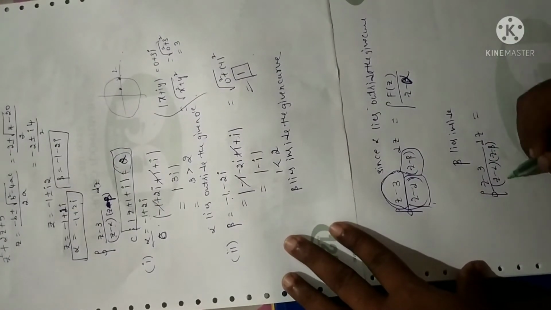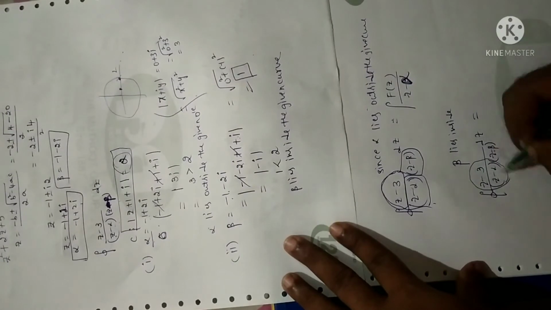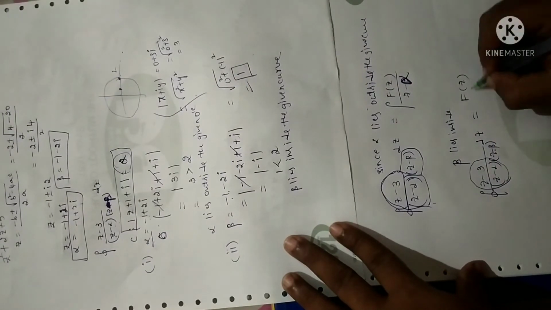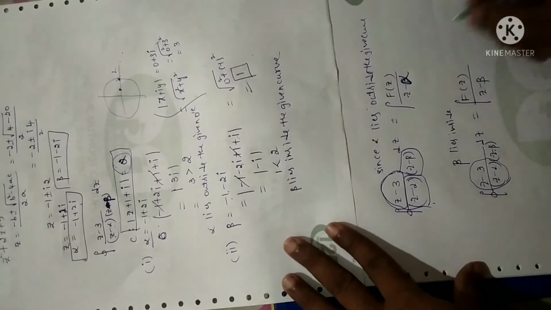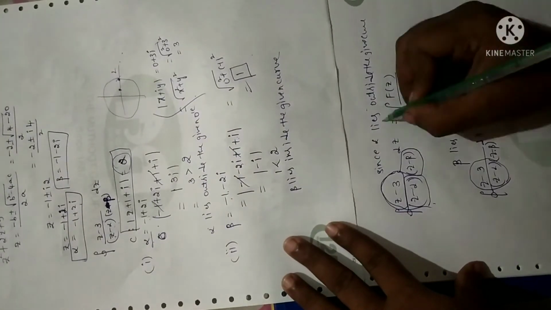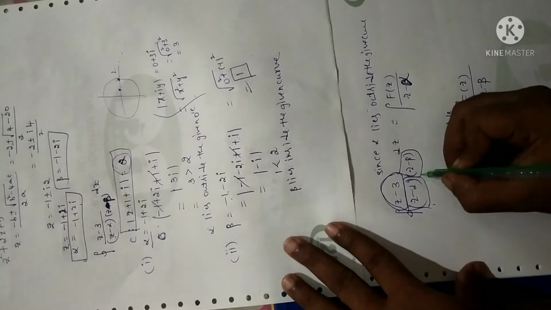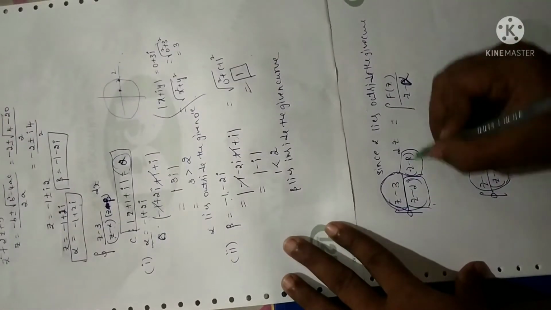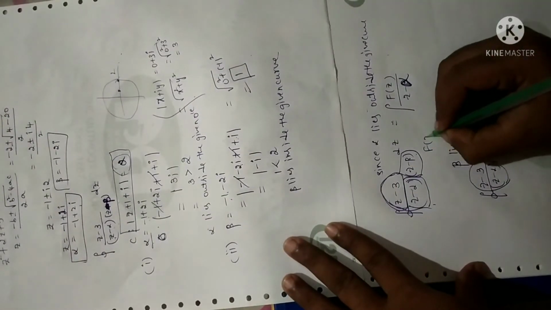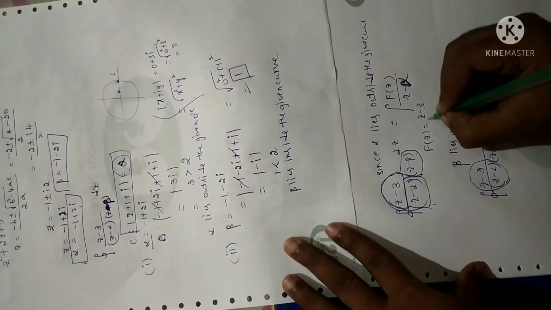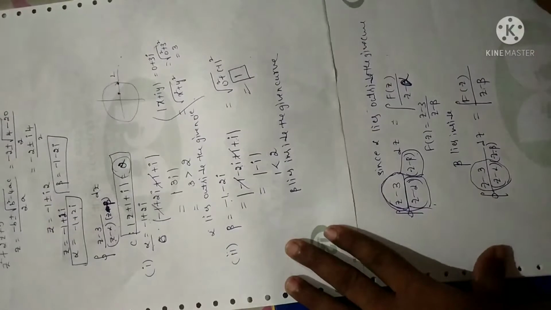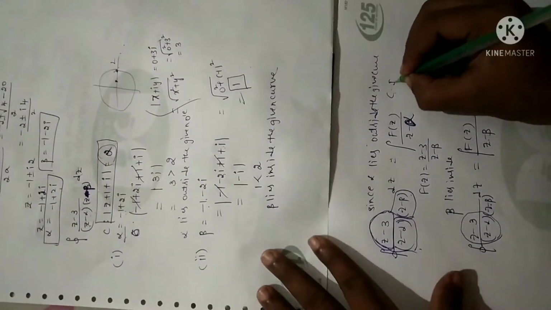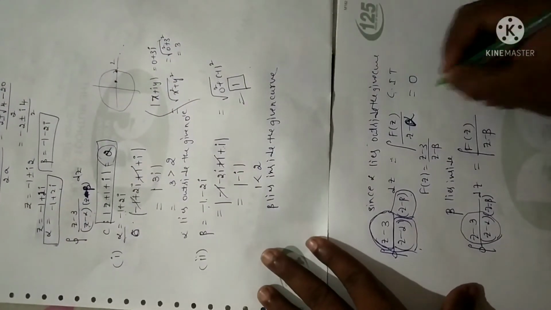You have to consider beta and leave alpha, so you consider this as f of z, which is z minus 3 divided by z minus beta. Since alpha lies outside, by applying Cauchy's integral theorem, this value goes to 0.